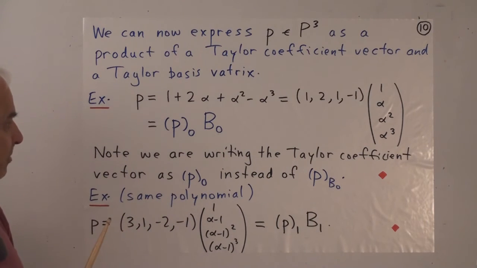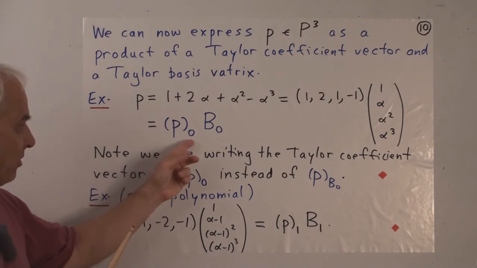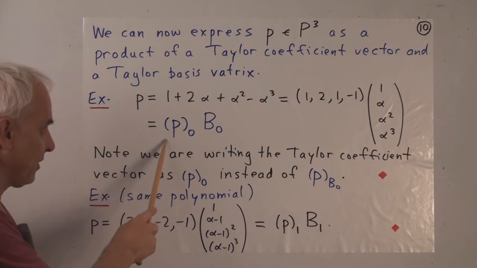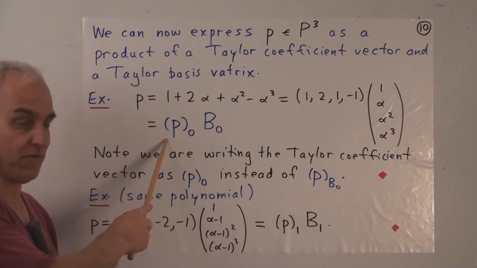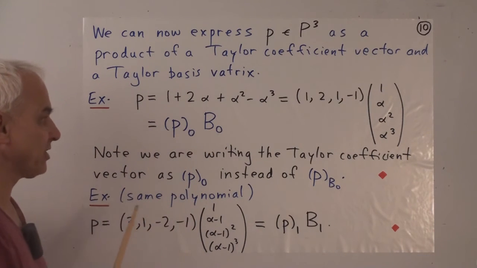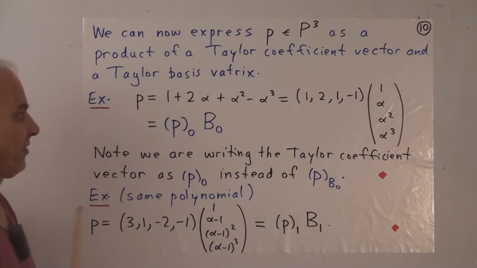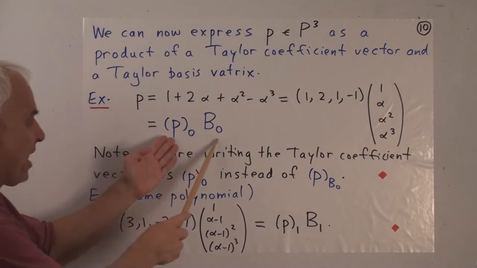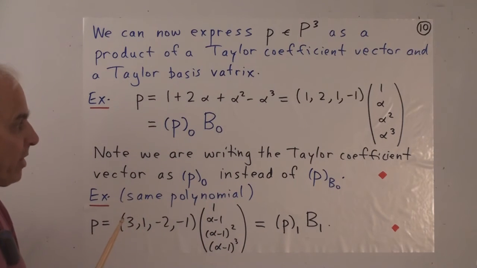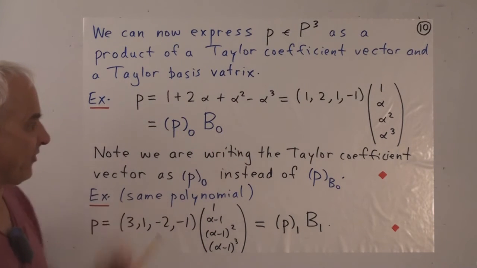So our polynomial p can be written as p sub 0 times b sub 0. That's the Taylor coefficient vector to be precise in this context, times this Taylor basis. So this is a linear algebra point of view on expressing this polynomial in terms of that particular basis at 0.